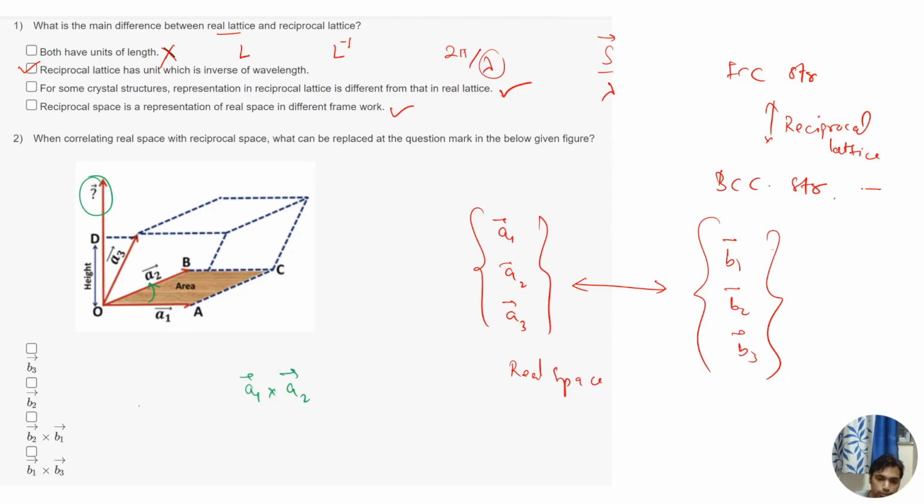This you will find in b3. b3 is nothing but a1 cross a2 divided by the volume. So that is going to be the direction of b3. Okay, so this is your correct answer.